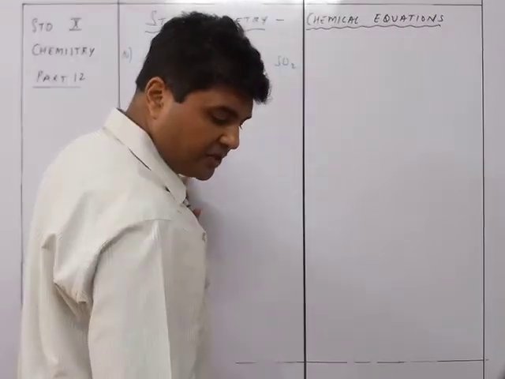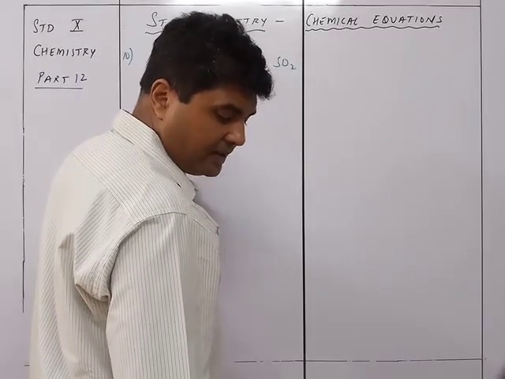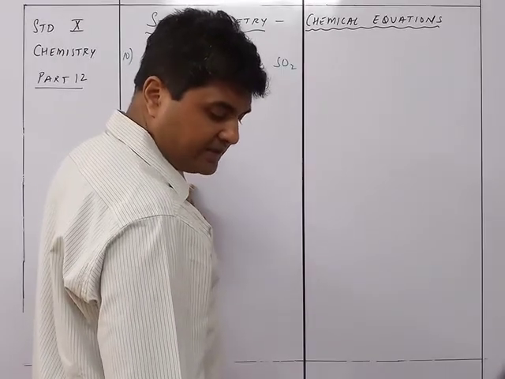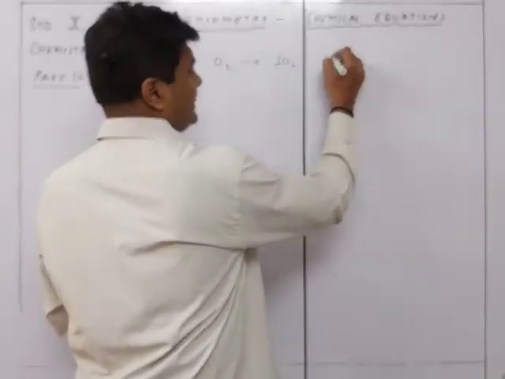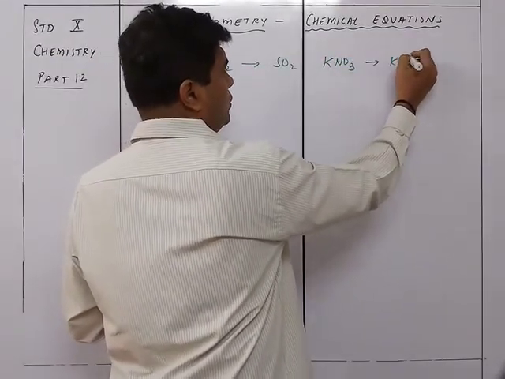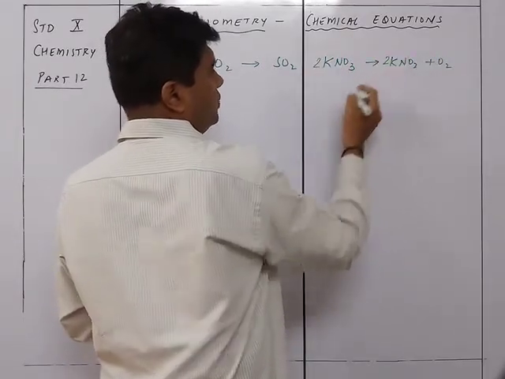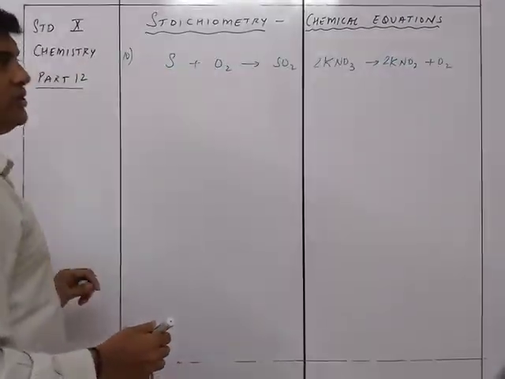If 16 grams sulfur burns in X cc of oxygen, calculate the amount of potassium nitrate which must be heated to produce X cc of oxygen. So we have got another equation over here. Potassium nitrate KNO3 will give me KNO2 plus O2. So this will be 2 to give you 2. Right? So that is the equation.